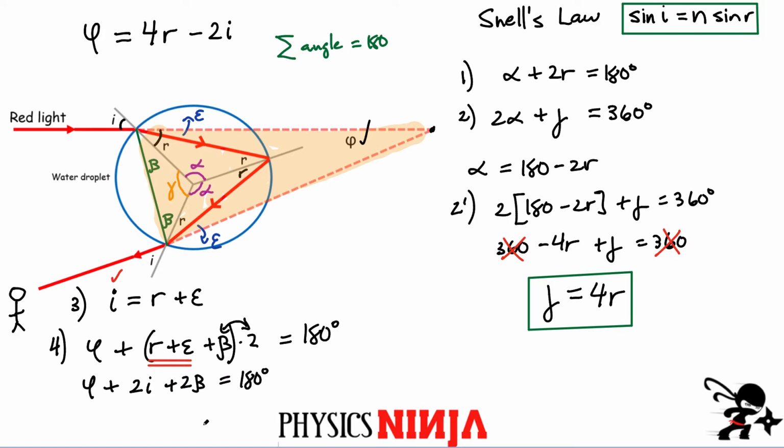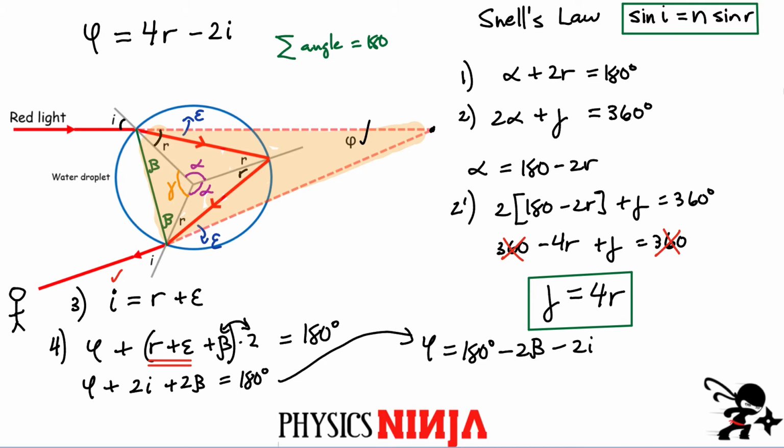We're just about done now. Let's keep working with expression number 4. We have phi, and I'm going to bring everything else to the other side, so I have 180 minus 2 beta, and minus 2i. That's the expression.